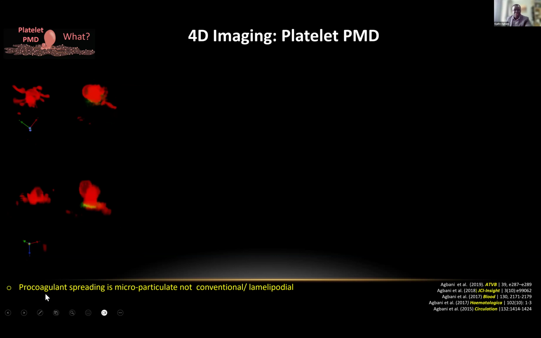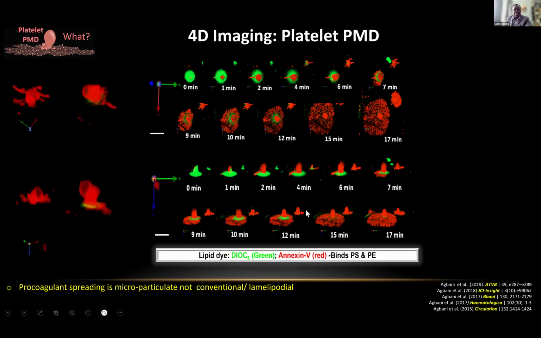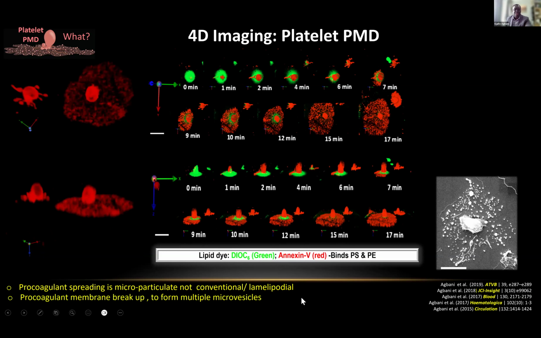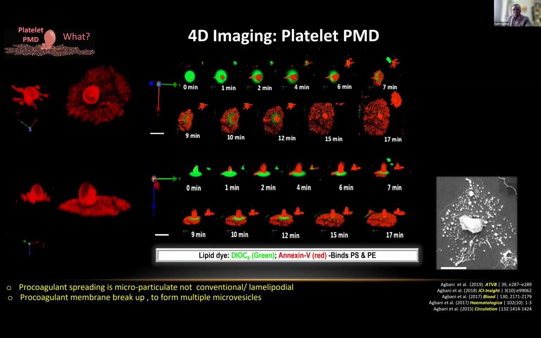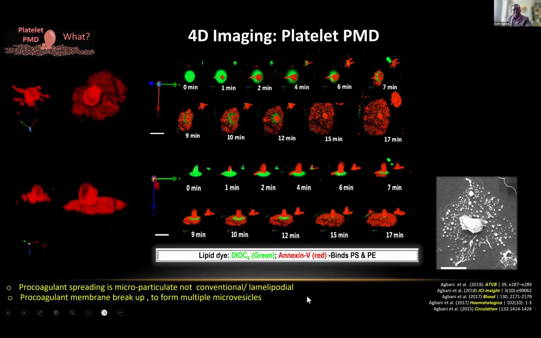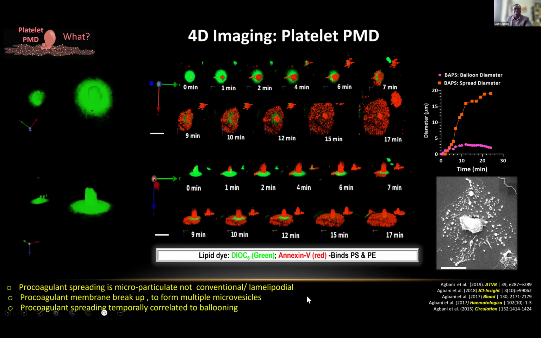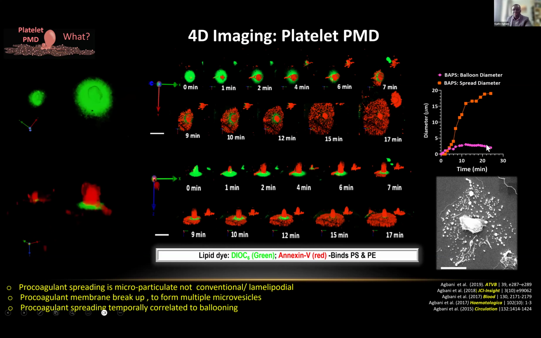That's what we called it. You can also see that here in the still images. Another thing that we notice is that the procoagulant membrane eventually breaks off to form multiple microvesicles. So this might be the way platelets generate microvesicles. We notice also that procoagulant spreading temporally correlated with ballooning. So in an experiment where we've been able to halt or restrict that ballooning, we decreased procoagulant spreading by 9-fold.